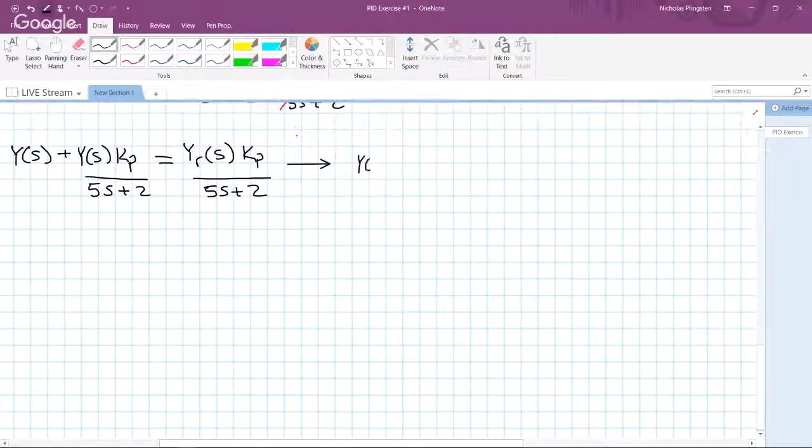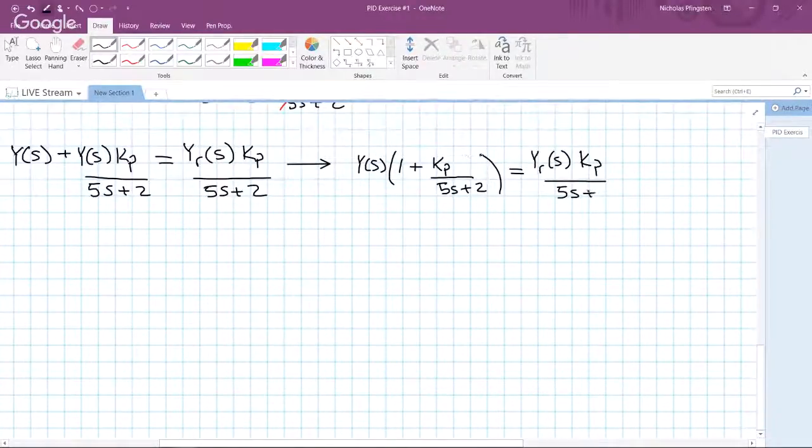We take out the Y of S, and that leaves that inside term with 1 plus KP 5S plus 2 equal Y sub R of S KP all over 5S plus 2. Mind you, we're still on the road of getting the closed loop for the steady state command error.